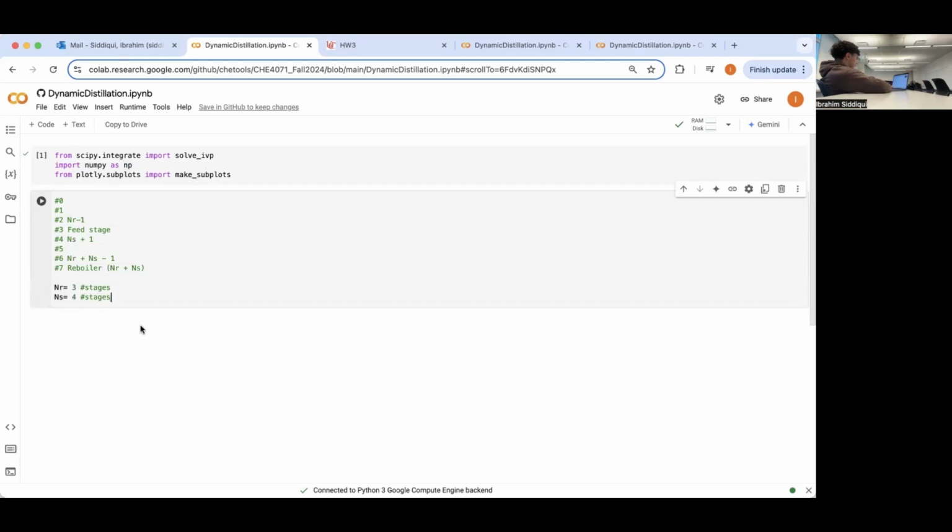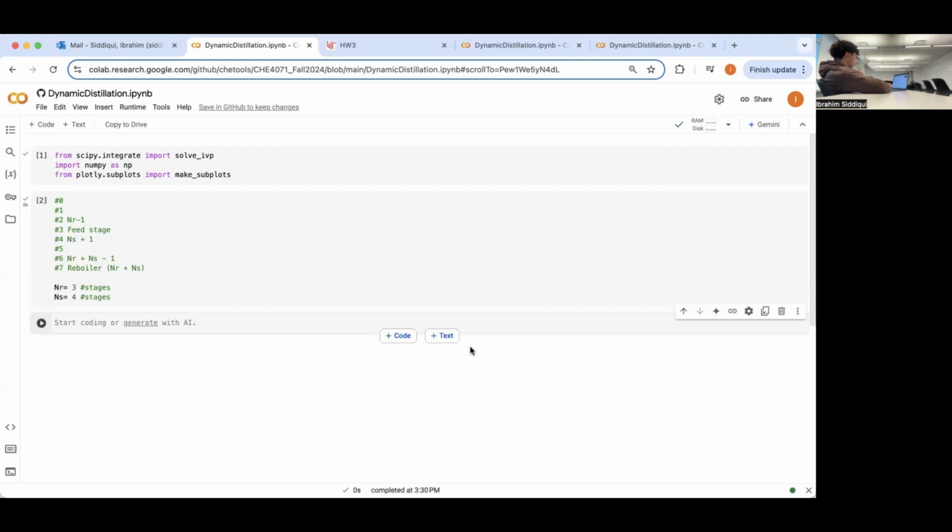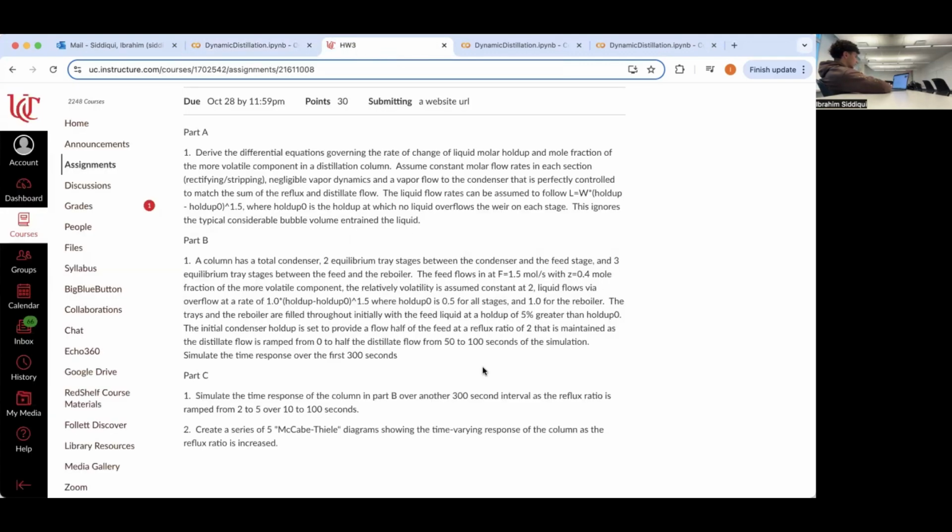Now that we've defined that, we can define some of the inputs or initial conditions that we're going to use to first create our distillation column and show the time loop that goes from 25 to 75.